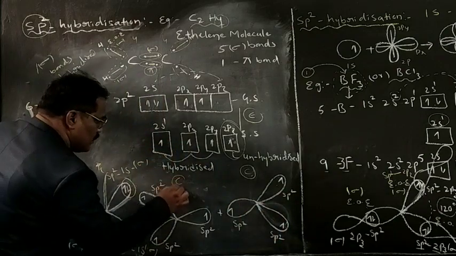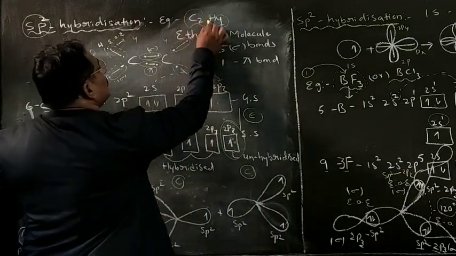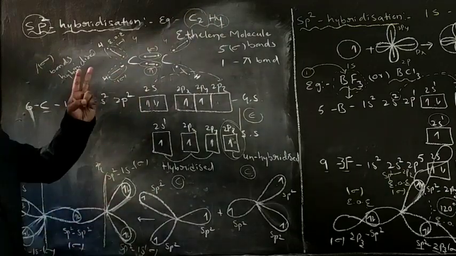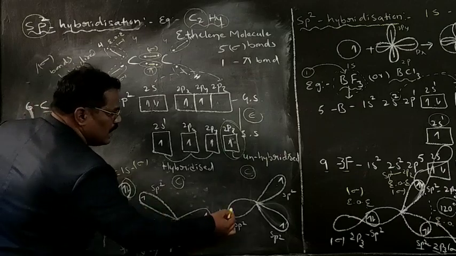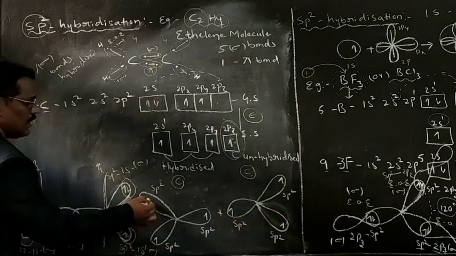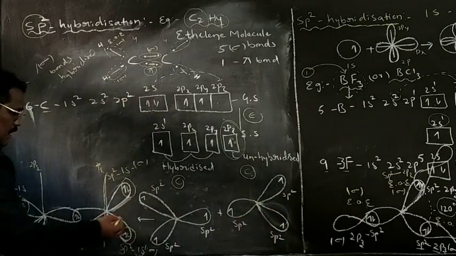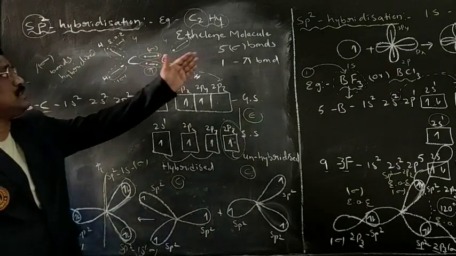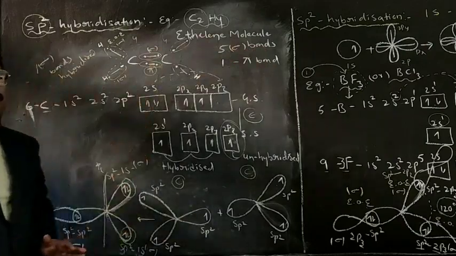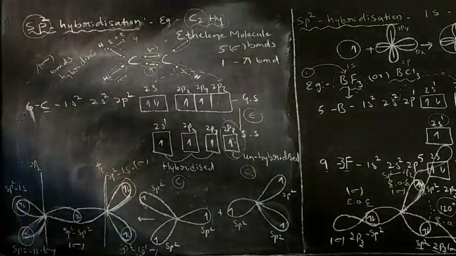If I take one more individual carbon, as the formula is C2, meaning 2 carbon atoms, the other carbon also has sp2, sp2, sp2, in which unpaired electrons exist. And they overlap each other; in what way? To understand clearly how sigma bonds are forming, I am taking them individually.